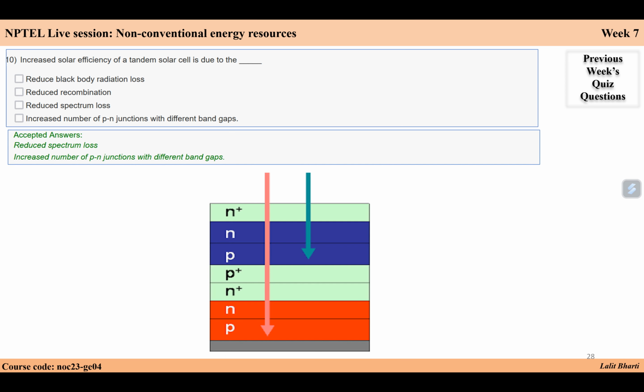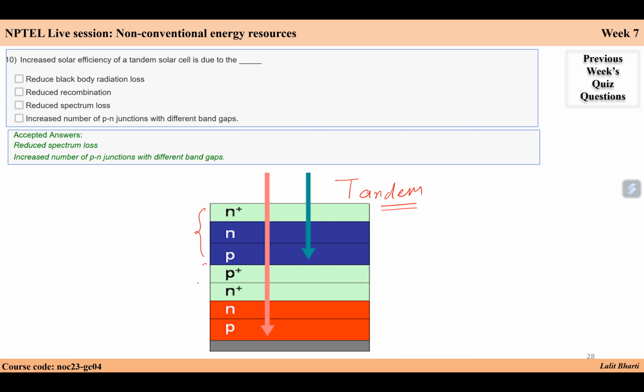Then we'll see the next question. Increased solar efficiency of a tandem solar cell is due to what? This is a tandem solar cell, which is basically multiple solar cells stacked.